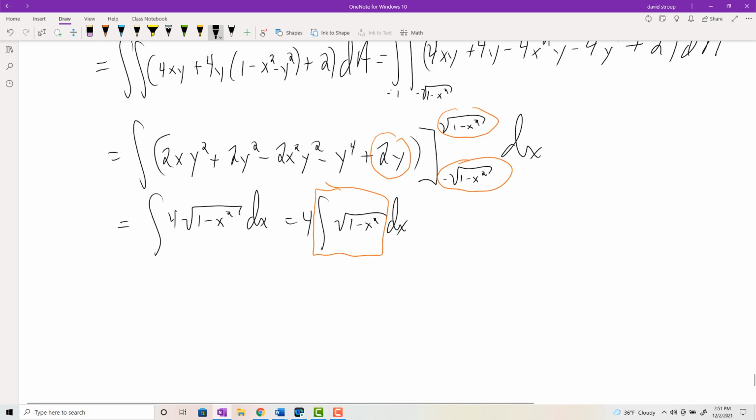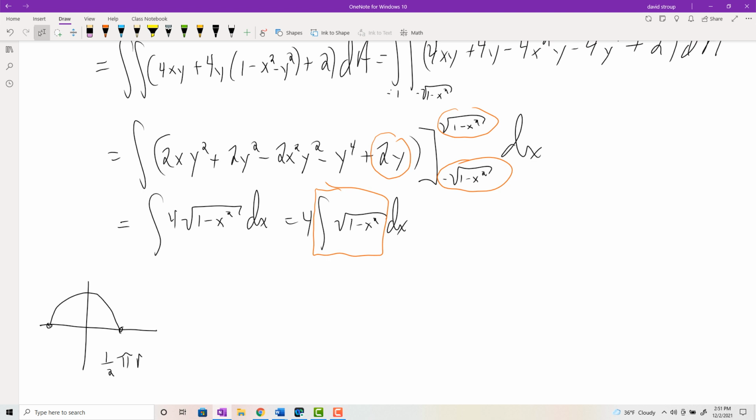If you graph that function y equals square root of 1 minus x squared, you get this. And if you're integrating from -1 to 1, it's basically 1/2 the area of a circle, which is pi r squared. So I'll get 4 times 1/2 times pi times the radius, which is 1. So it's 4 times 1/2 times pi, which is, lo and behold, 2 pi.